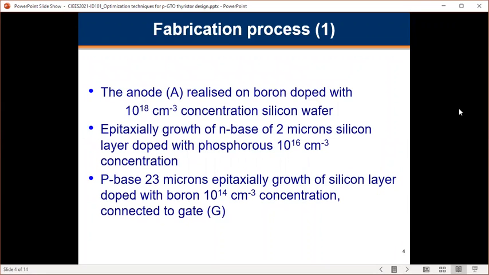The anode was realized on a silicon wafer doped with boron, so P-type.